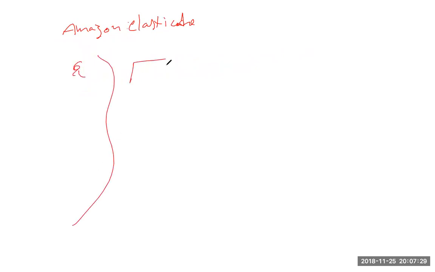We have one more database service called Amazon Elastic Cache. So what is this Elastic Cache? Now we have a user and a web console communicating with a service called Elastic Cache.